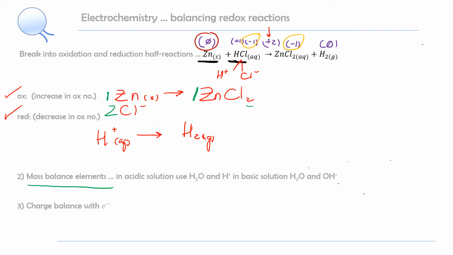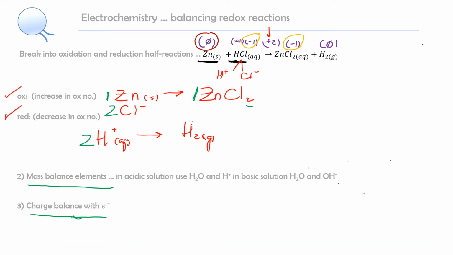Down to my reduction. I have 1 hydrogen giving H2 molecule, so I must come back and put a 2 out in front. So 2 hydrogen gives 2 hydrogen. So I am mass balanced with respect to my half reactions. Next step, charge balance.